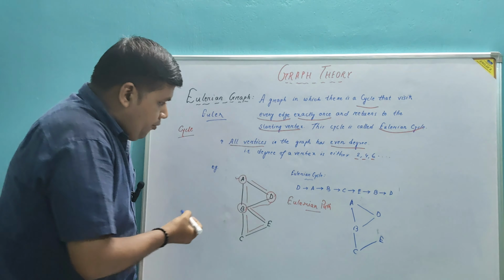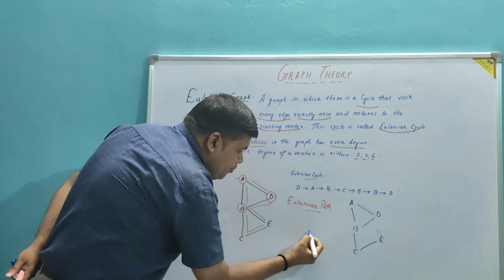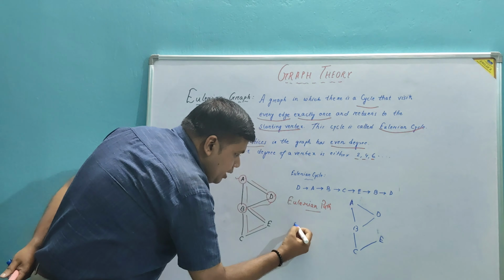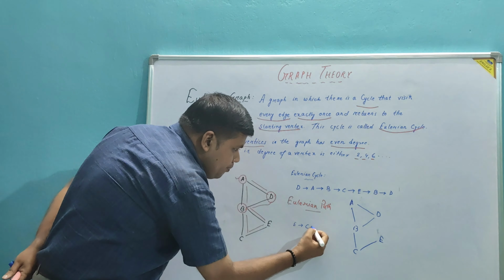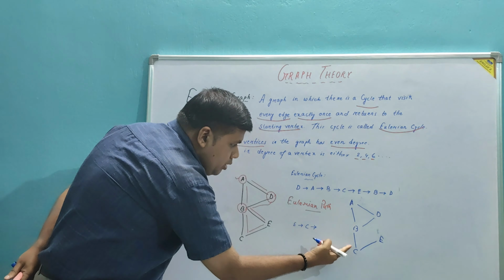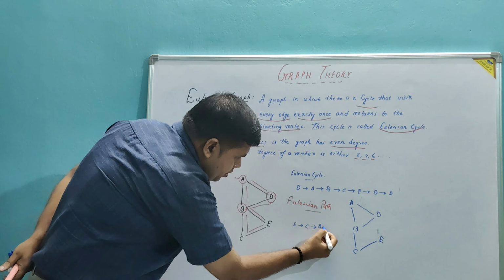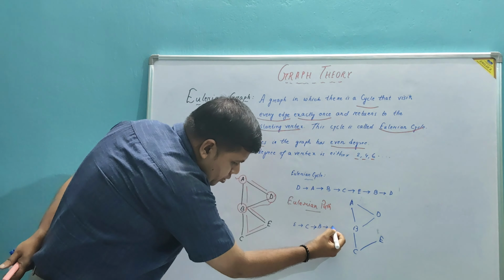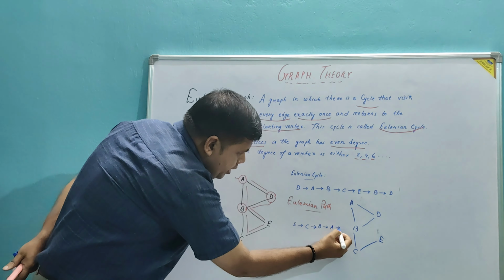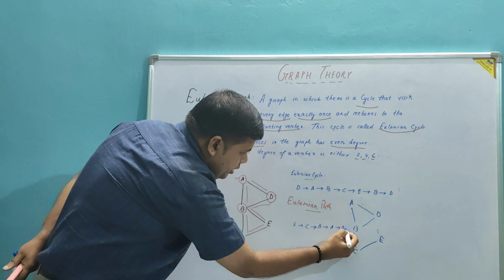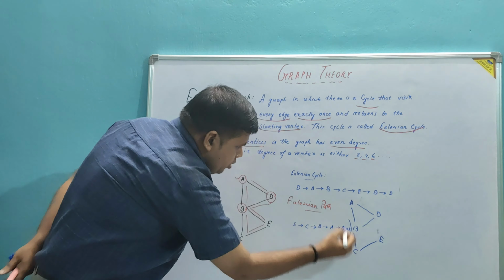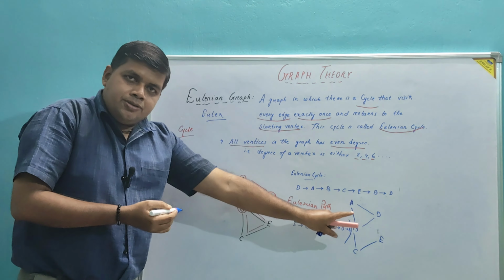In this, if we start from E, then we can move from E to C, C to B, B to A, A to D, D to B. So we are touching each and every edge.